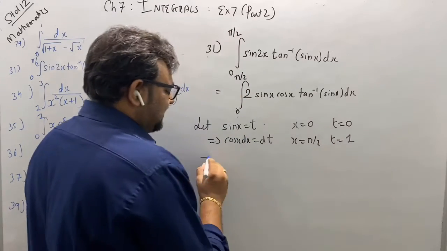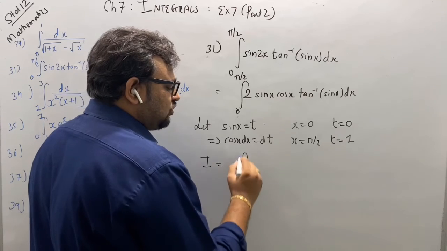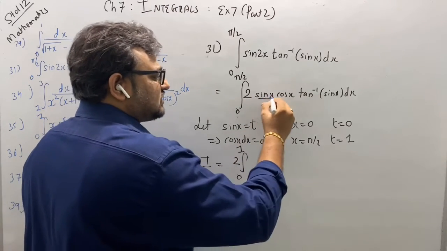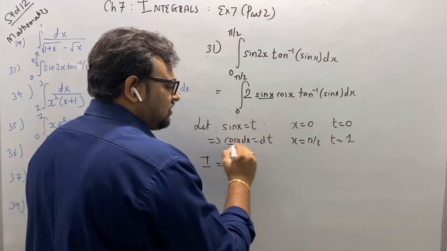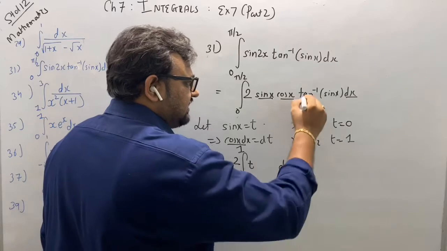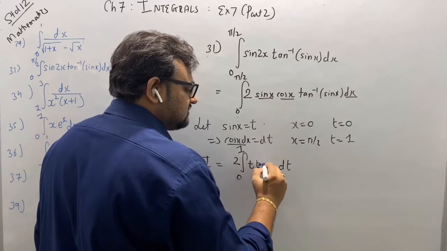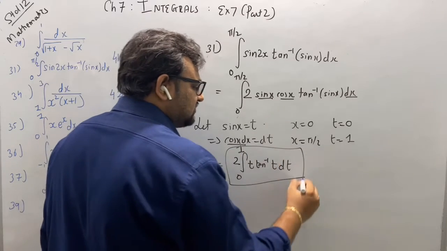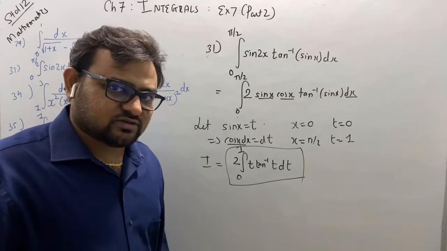So now our integral will be 0 to 1. 2 is a constant, I can take it out. Instead of sin x we have t, cos x dx is dt, tan inverse of t. Now this is your integration, right?